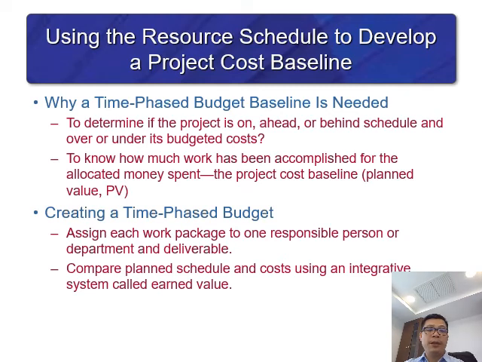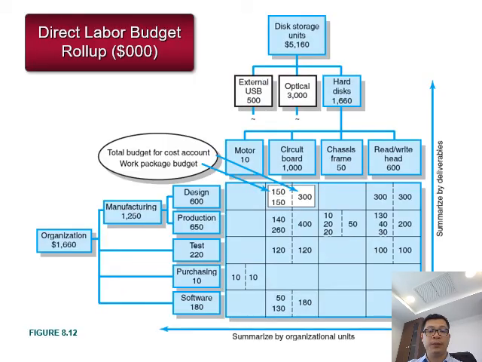Then create a time-phased budget by assigning each work package to one responsible person or department to deliver, and compare planned schedule and cost using the integrative system called earned value.